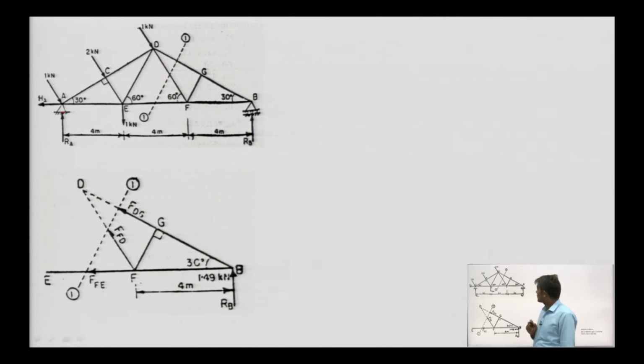If we want to find the force in member DG, the force in member DF, and the force in member EF, then the method of joint will be a time taking process.